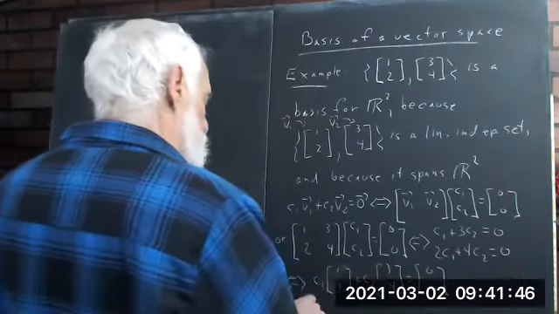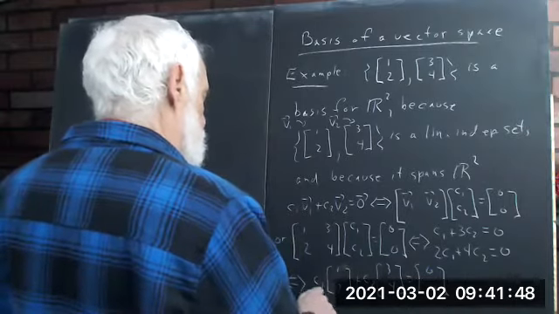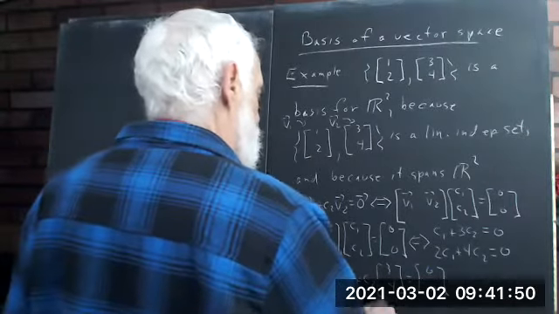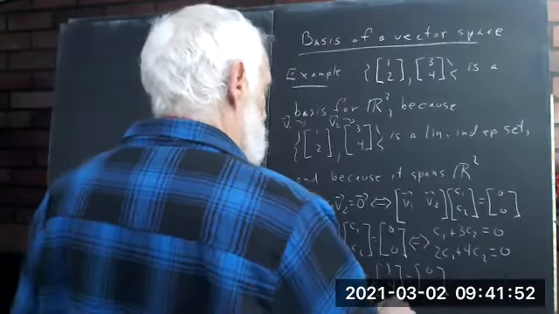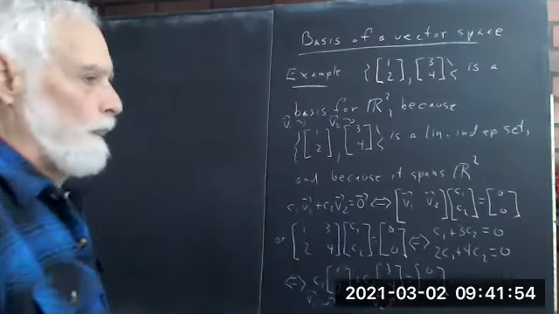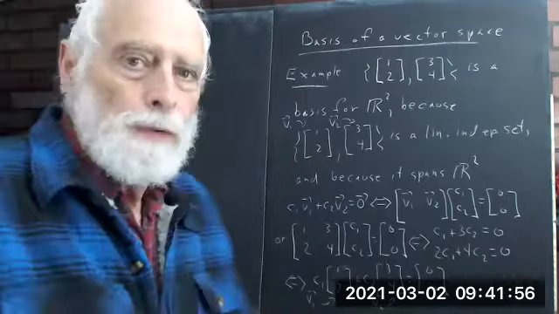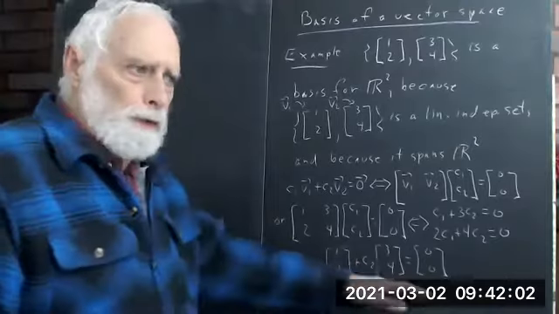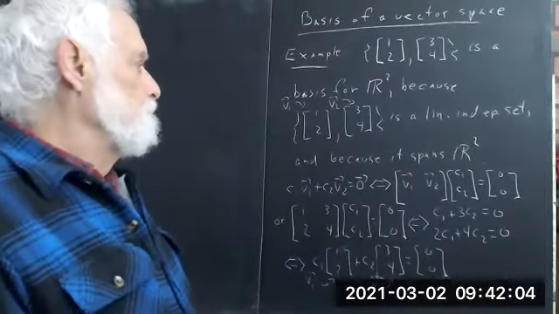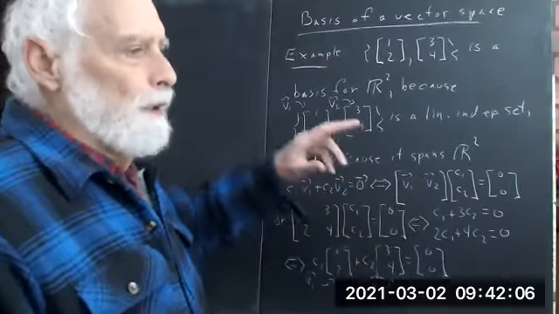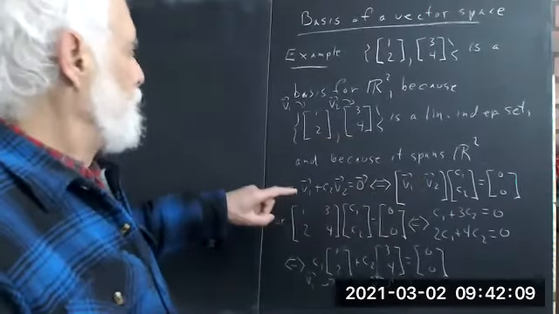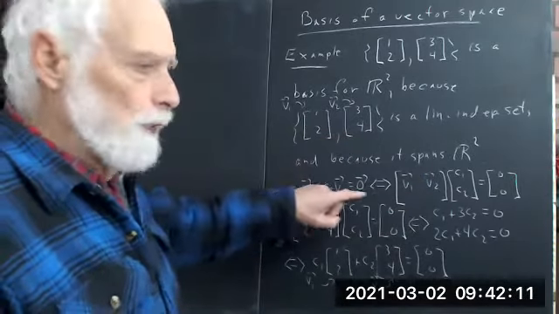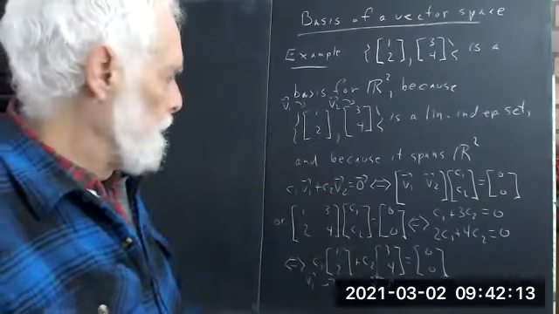And just to be even more explicit, I'm going to write the V1 here, V2 here. Okay, so we have these equivalences. You have to be sure you understand every step of that and recognize every one of these ways of representing the condition C1 V1 plus C2 V2 equals the zero vector.